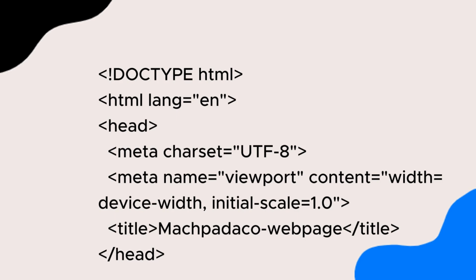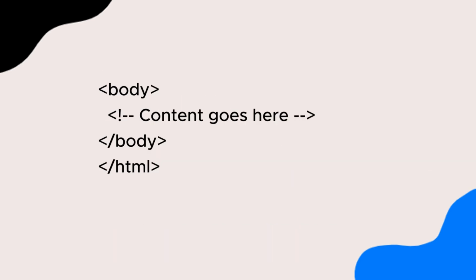Then the head is closed. Then beneath the head you have the body. We start with a body open tag and close with a body close tag. In between the body open and close tag, that is where you write your content, or you do your coding, H1, H2, whatever coding you want to do.